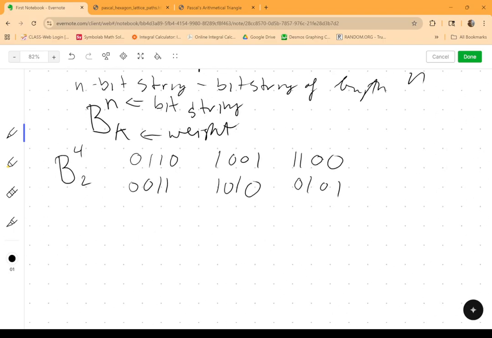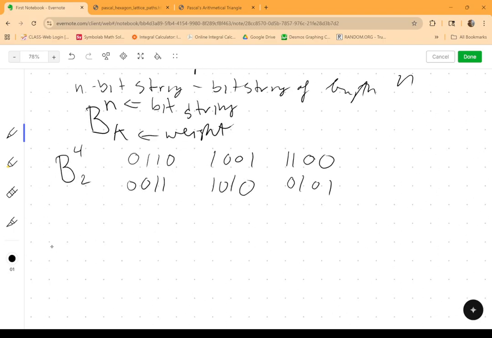But if we think of the 4 positions here, what we're really asking for is, out of these 4 positions, I want to choose 2 of them to fill with 1s. The rest get filled in with 0s. I'm focusing on the weight being the 1s.